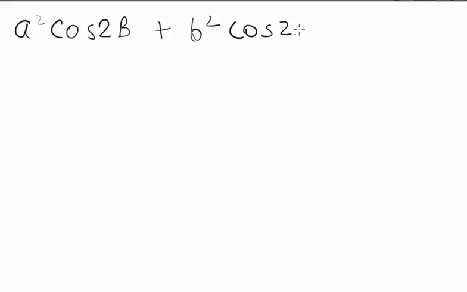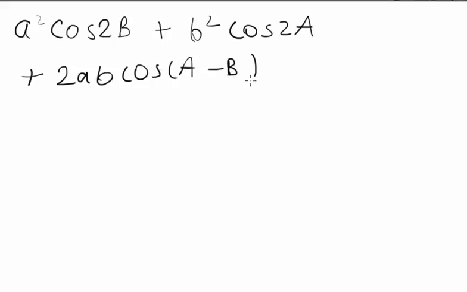Alright, so the second problem involves a² cos 2B and b² cos 2A plus 2ab cos(A - B), which is equal to c². We need to prove this actually.